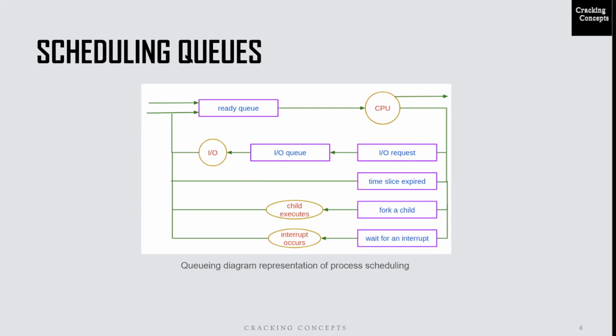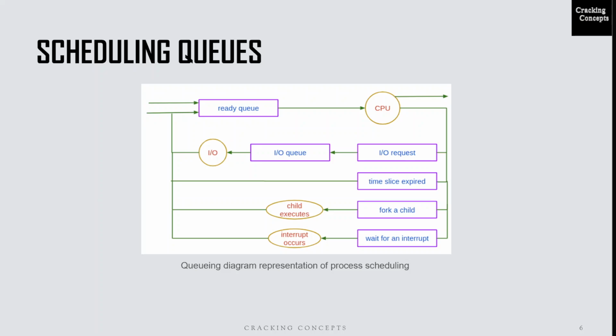Now this is a queuing diagram representation for process scheduling. A common representation of process scheduling is a queuing diagram. Each rectangular box represents a queue. Two queues are used here, the ready queue and a set of device queues.